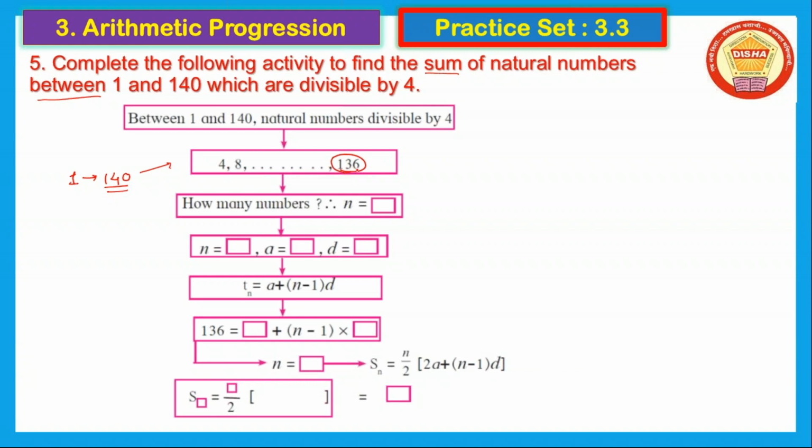So we take the previous number before 140 which is divisible by 4, that is 136.